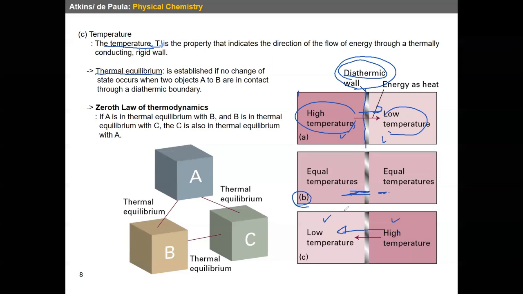So temperature is one of the driving forces, as I told you, to move energy between substances. That's why temperature is one of the important things.